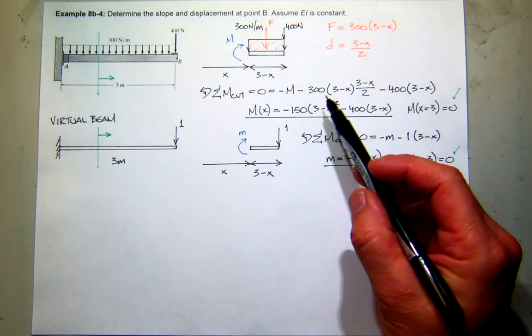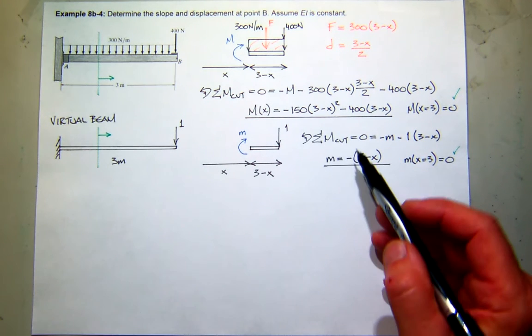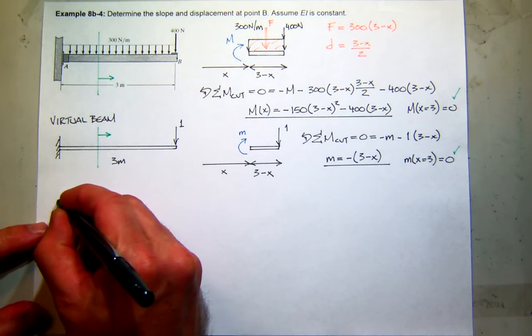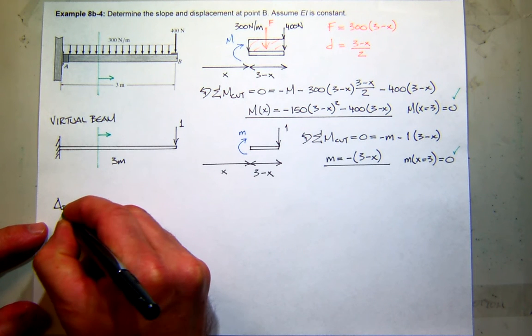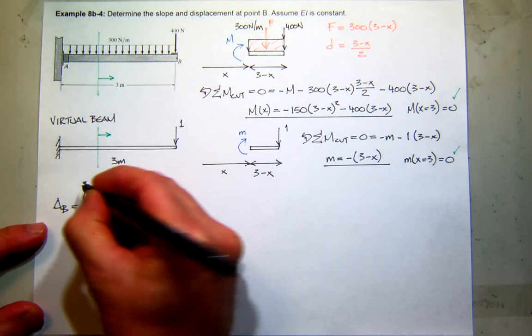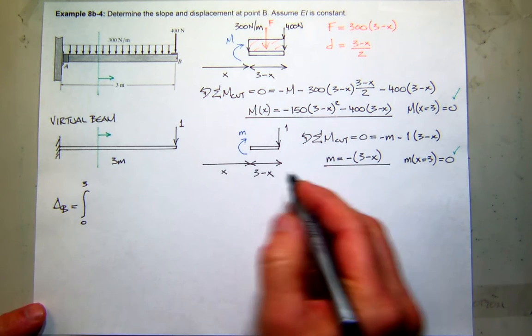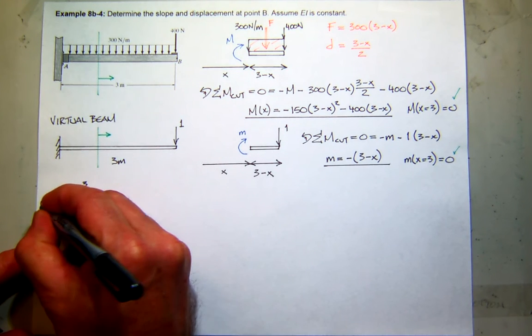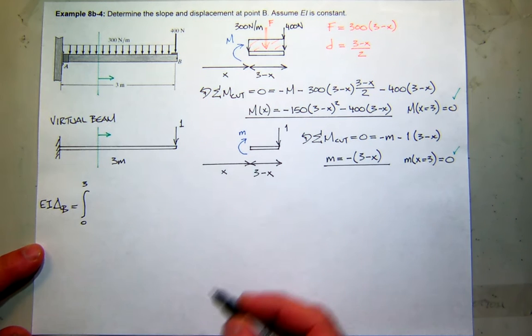So what do I have to do now? I just have to multiply the real moment times the virtual moment and integrate it. So the displacement at B is the integral from 0 to 3 of the real moment, which is, I'm going to just stick the EI over here. That way I don't have to carry it around.